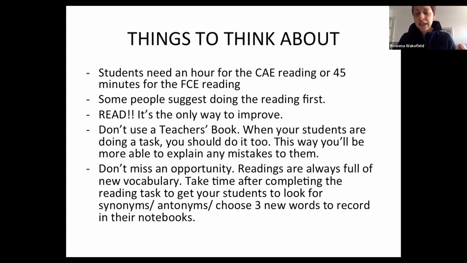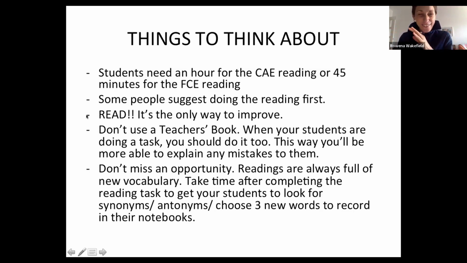The idea is that if you do the reading first, there's going to be lots of language and vocabulary in there that might then help you with the use of English. So it could be something to suggest to your students to try in the mock exam that they're going to be doing quite soon, I think, probably in April or March. So yeah, trying to do the readings first and then the use of English.